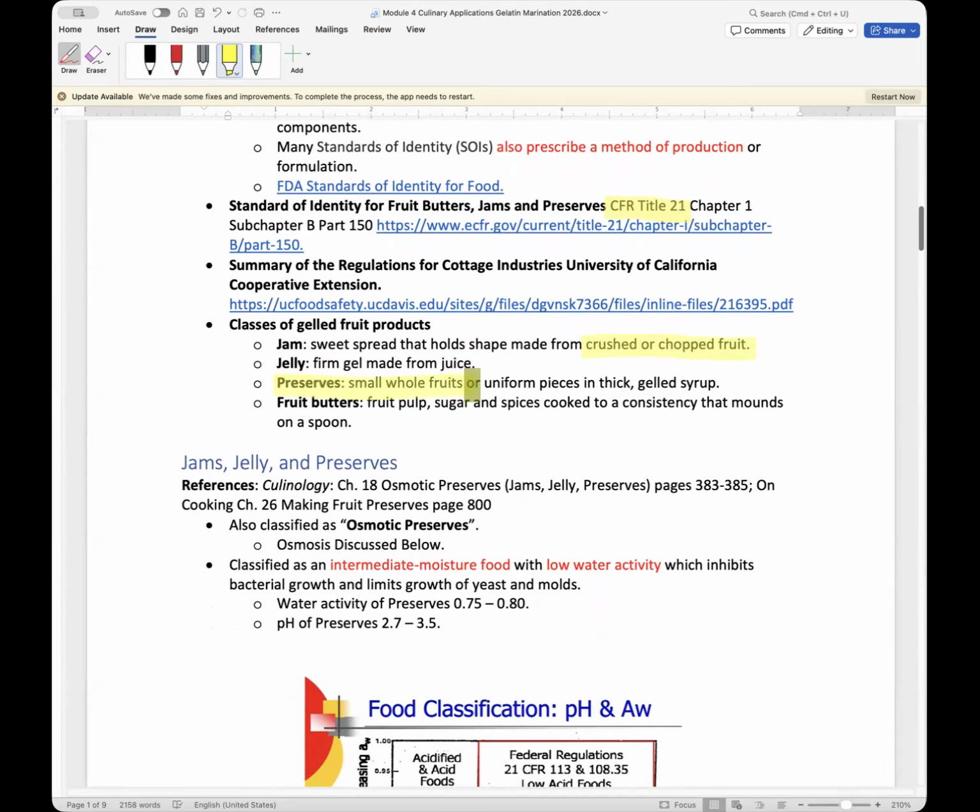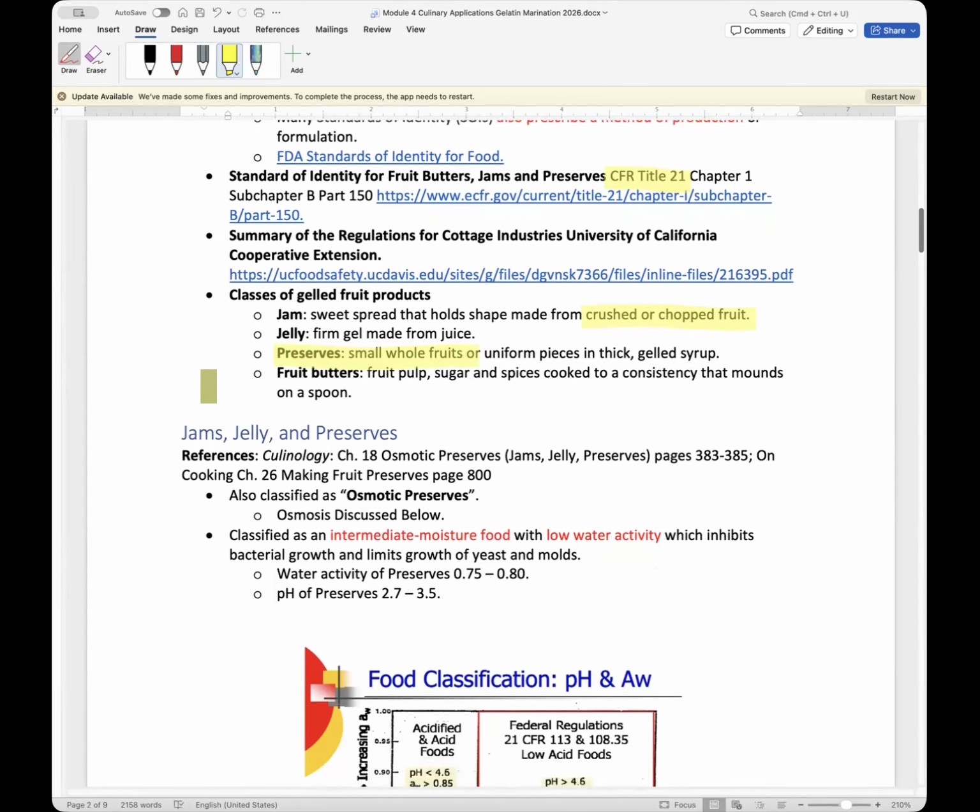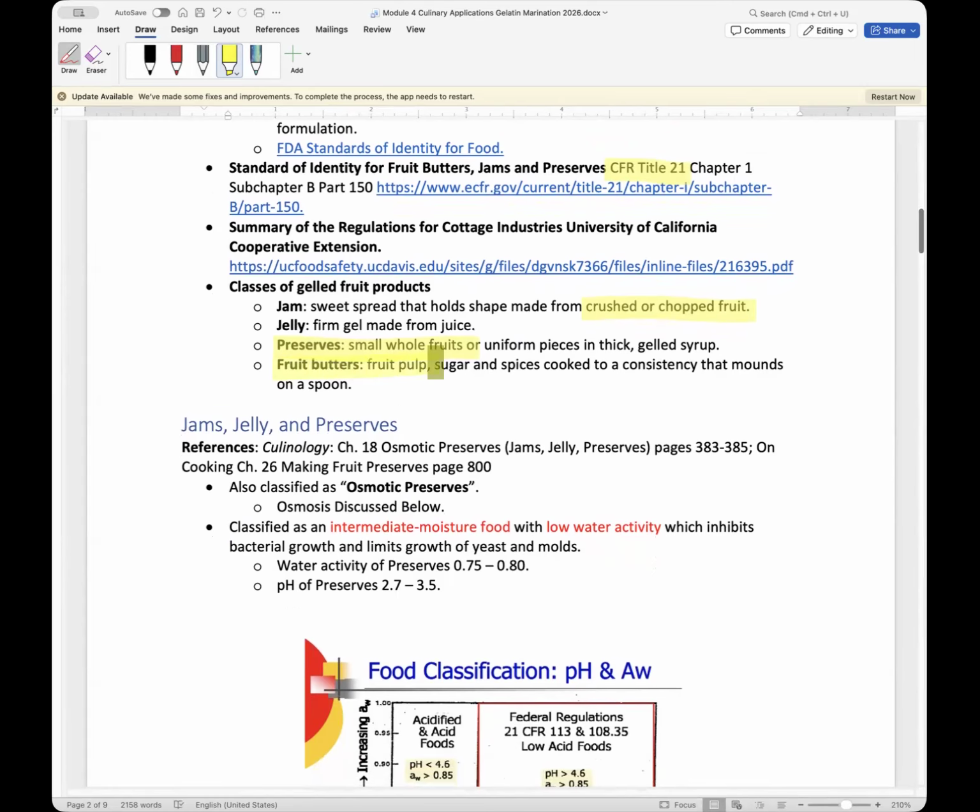Preserves have small whole fruit. I think of preserves as having bigger chunks of fruit than jam. And then fruit butters, which are kind of pulp. Usually apple butter is one that we can think of. So those are the four main categories.